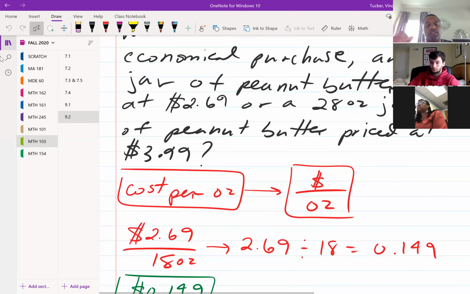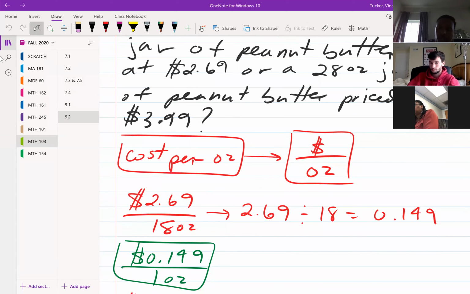So our first relationship would be 2.69 over 18. Divide the 18 into the 2.69, and that'll be 0.149. So that's how much it costs per ounce. All right.